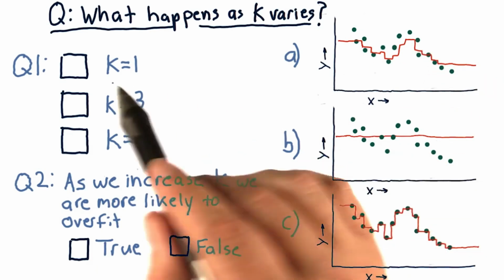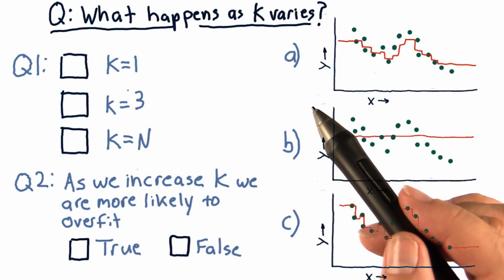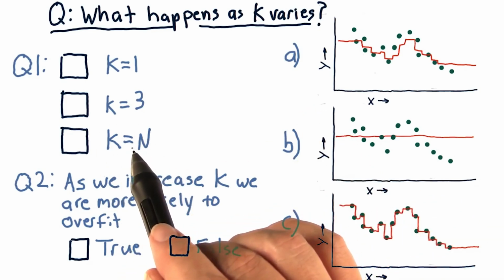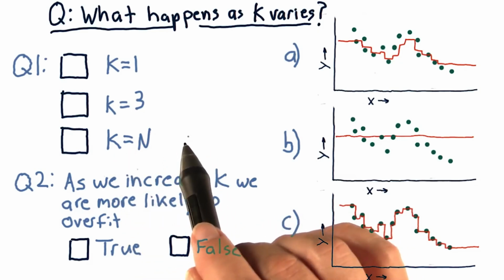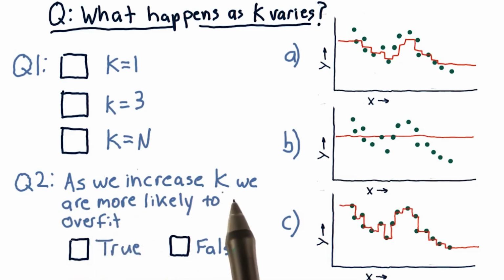So one of these charts was created with k equals 1, one was created with k is equal to 3, and another was created with k is equal to n, where n is the total number of elements in the data set. And there's another question I want you to answer. True or false? As we increase k, we are more likely to overfit.